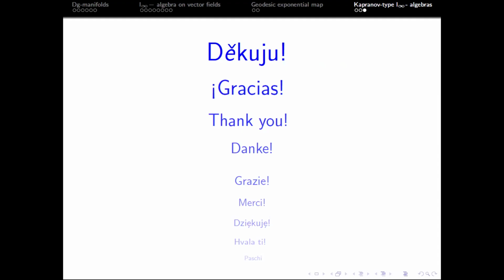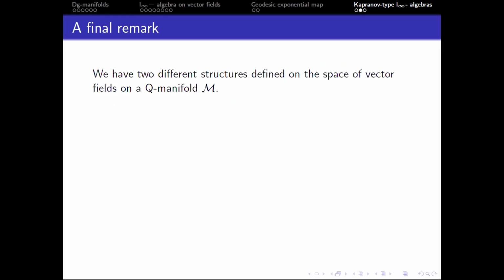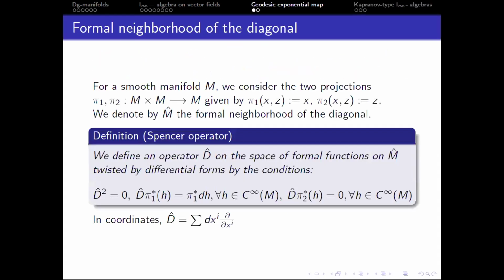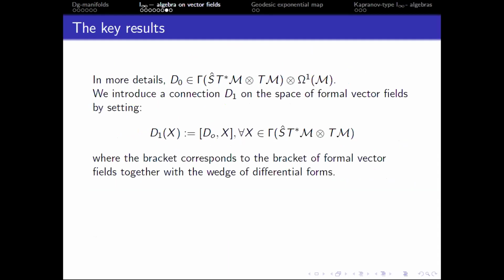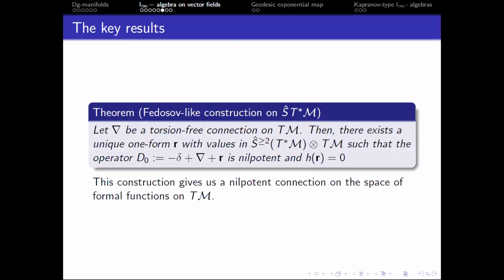Yeah, I have a somewhat general question. If you could comment a little bit on the relation between this construction and deformation quantization of Poisson manifolds, as it's usually understood, because here you don't a priori have any Poisson structure, right? Or graded Poisson structure. No, not yet. Here is the Fedosov line.